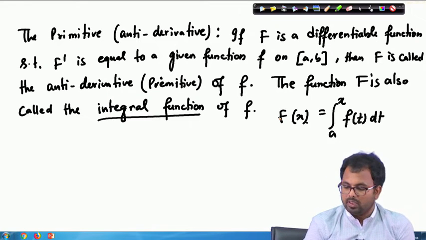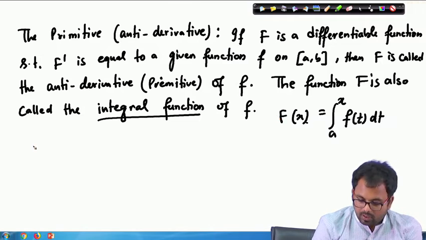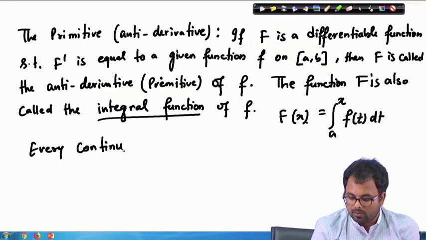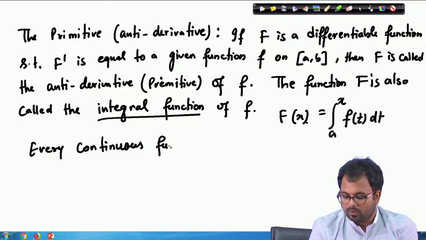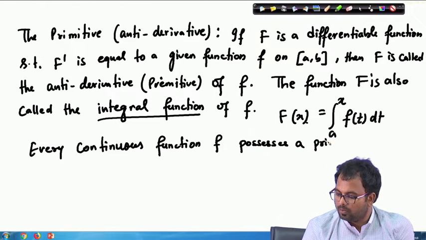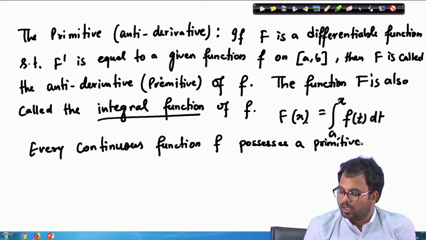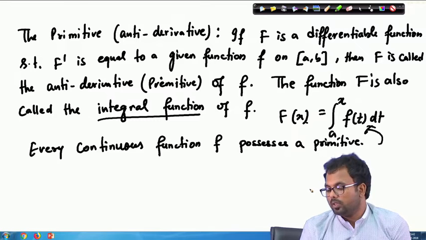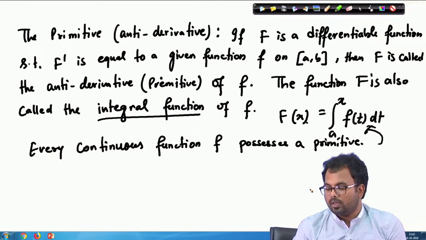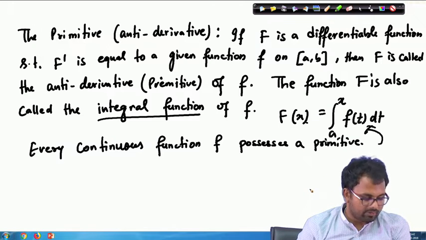The very first criterion in this regard is that every continuous function f possesses a primitive. That means if f is a continuous function, then it can be written in this integral form. So the very first criterion we need for the function small f is that it needs to be continuous, and then you can write the capital F in the integral form of this small f.